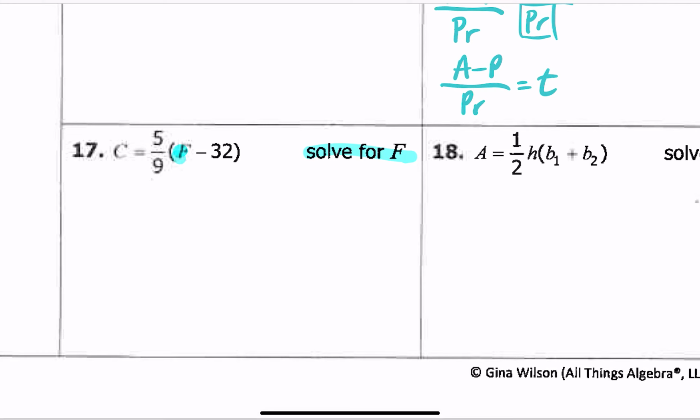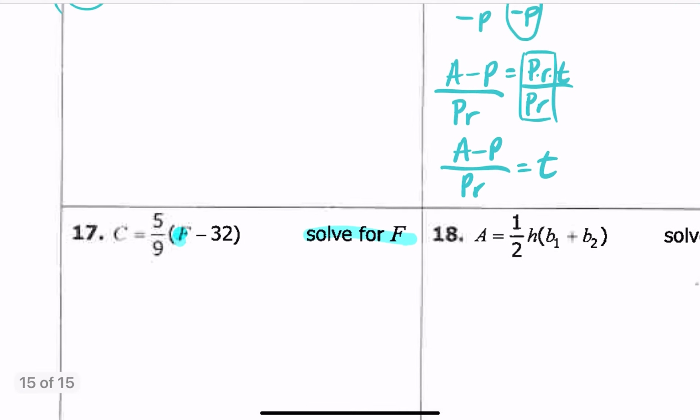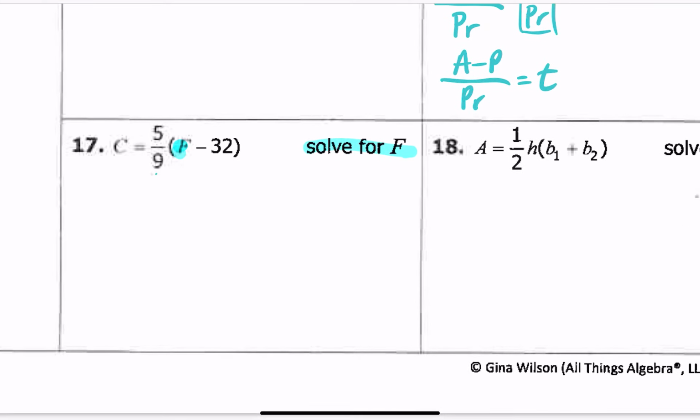Here's F. Normally we'd say, oh, your parentheses, you need to distribute. But because we're solving for F and we have variables, we're not going to get a simple answer. And it would be easier to just get rid of this 5/9 by multiplying by the reciprocal. When I do that on both sides, this becomes 45 over 45, which is 1.